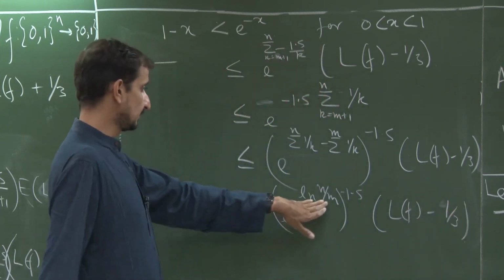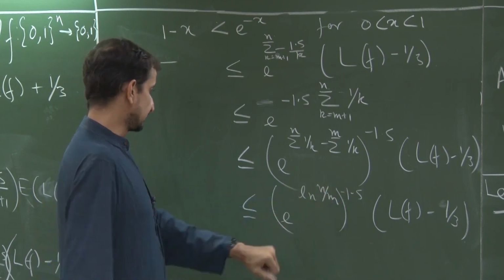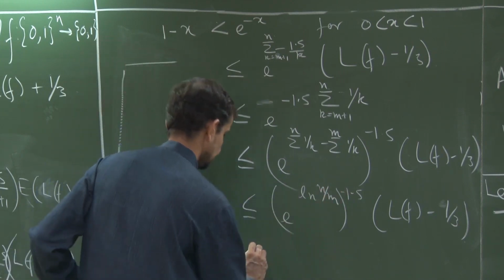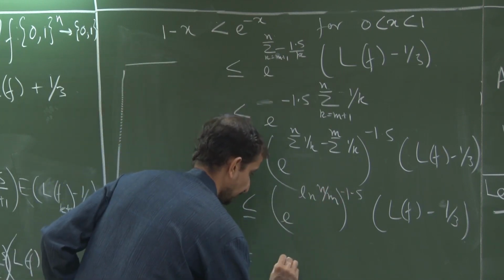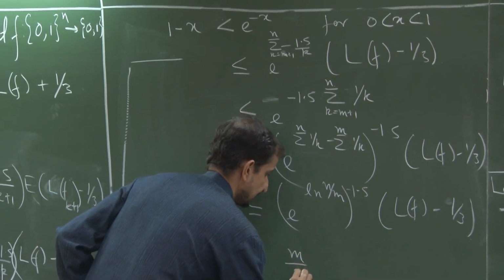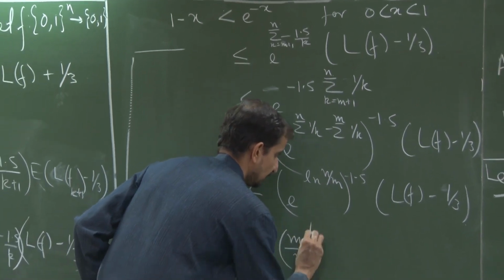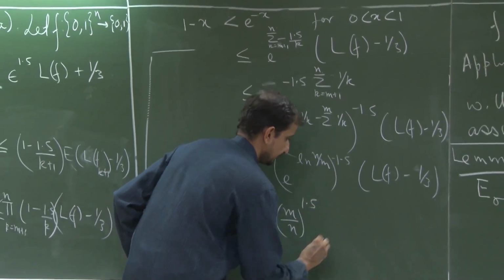Taking the minus inside, I will have m over n. So this becomes equal to m by n to the power 1.5.